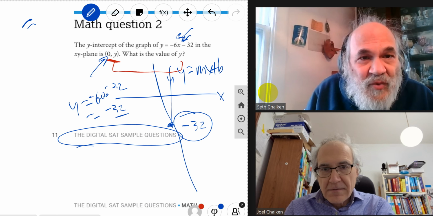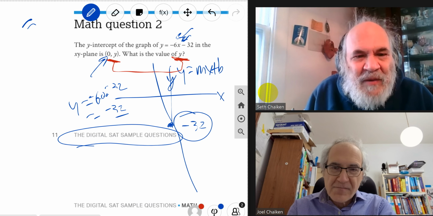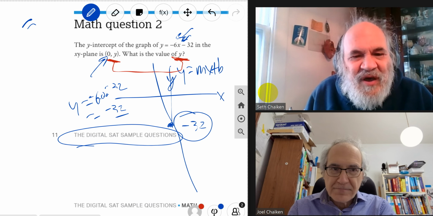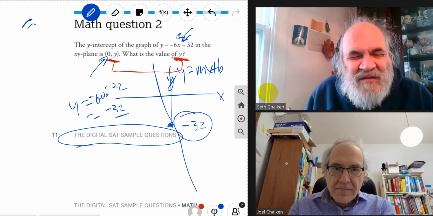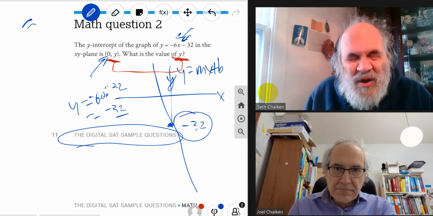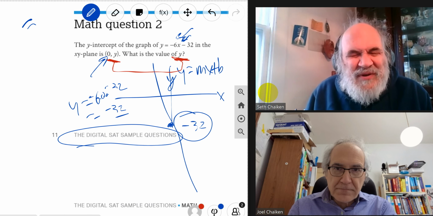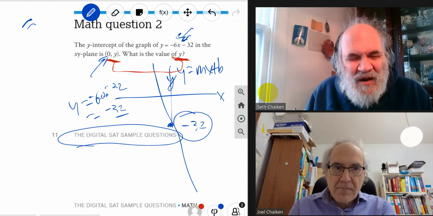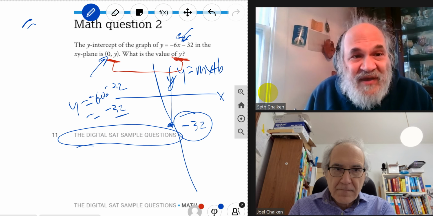Yeah, the y that they talk about here is the y they talk about here. And I've seen in these math textbooks two somewhat related concepts for y-intercept.